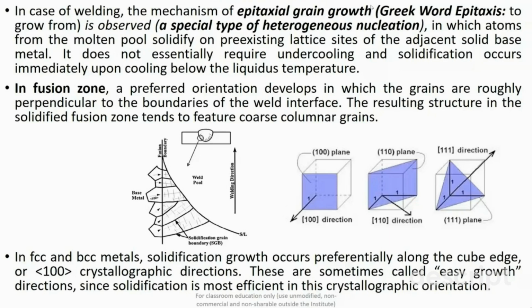This type of nucleation or grain growth within the welded component is known as the epitaxial grain growth or epitaxial type of nucleation. It is a special type of heterogeneous nucleation in which the pre-existing sites or the grains are present on the surface base metal. They provide the preferential growth sites to the nucleation of new crystal within the solidified section of your weld pool.